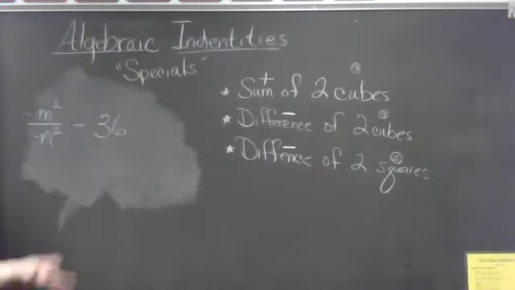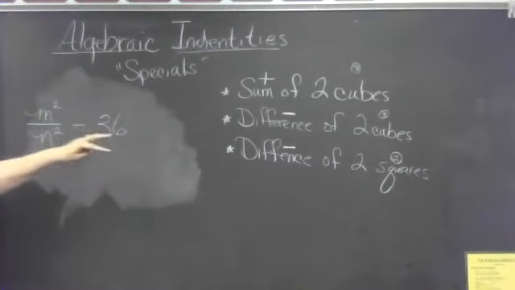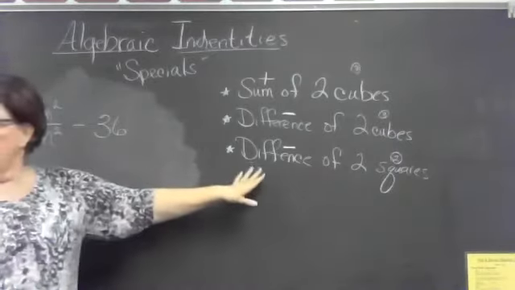Okay, and then when you come on a problem like this, you say, oh, two terms. Okay, it could be a special. I need to check. Start to look for clues. And one of our clues is the minus. So we're going to use one of the differences. And then our next clue is, oh, squareds, not cubes. So I need the difference of two squares.